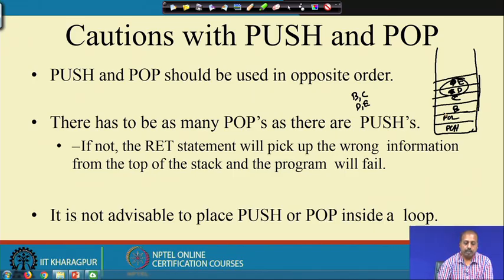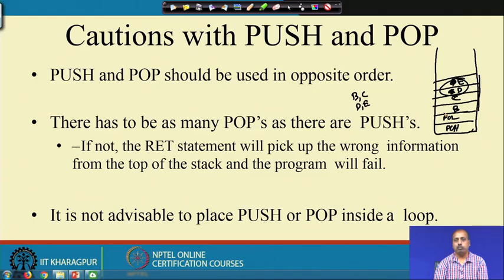So, this RET instruction will pick up the wrong information from the top of the stack and the program will fail. It is also not advisable to put push and pop inside a loop, because it is often very difficult to judge how many pushes or pops will be done and whether they are really balanced, because the last iteration of a loop normally comes out without executing the body. So, it is difficult to ensure that the push and pop will match.